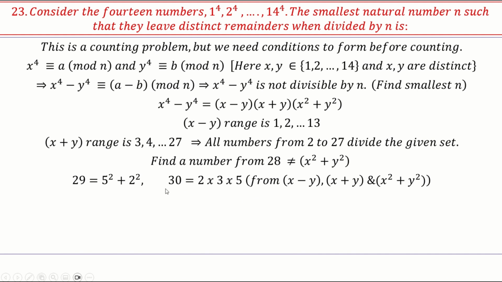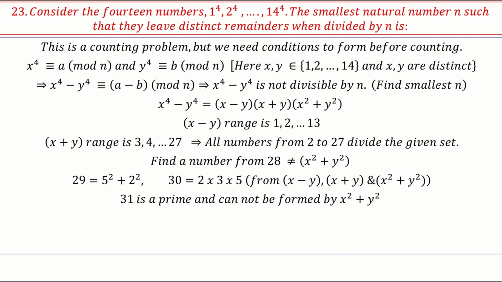Also, if you look at 2 power 4 modulo 30 and 4 power 4 modulo 30, both are 16. So this is not a number we are looking at. Next is 31. Yes, this is a prime, and definitely it has to be a prime which can give 14 distinct remainders.